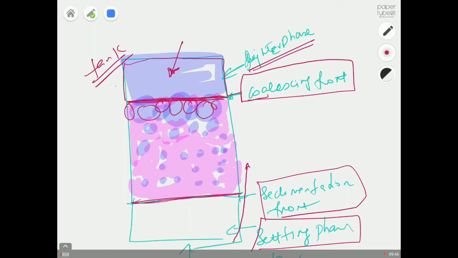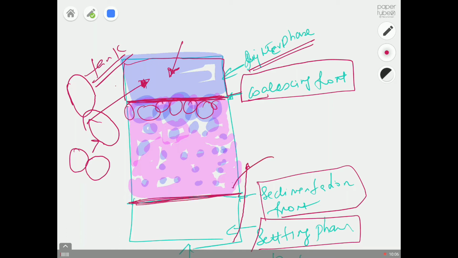So your dispersed phases will coalesce together, and then eventually settle into a separate phase. Coalesce means you have two tiny droplets, they come together and become one droplet, and it will combine with another droplet and eventually become a clear phase on the top. So this front we call the coalescing front, and this one we call the sedimentation front.